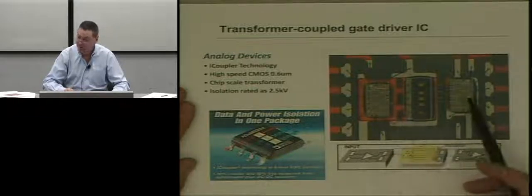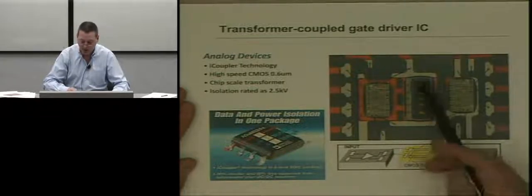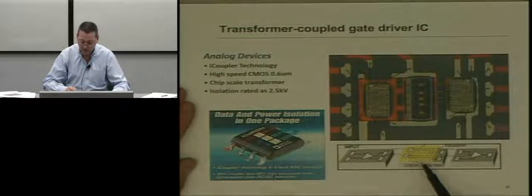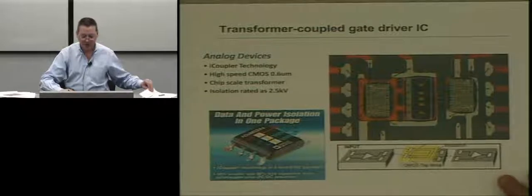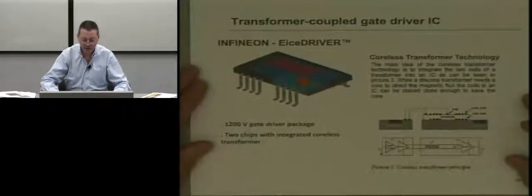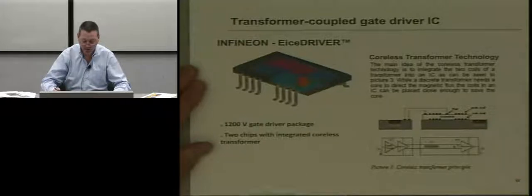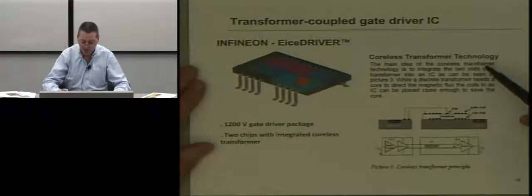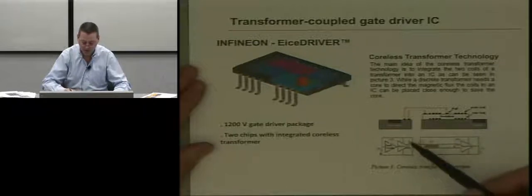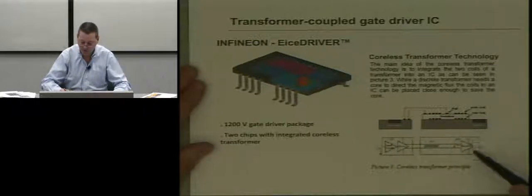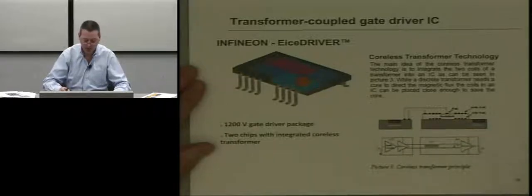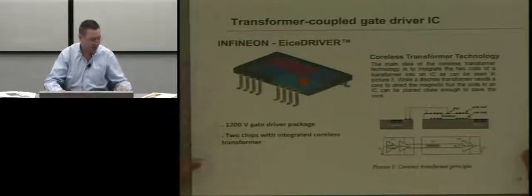These are both low voltage ICs, and they are connected through basically an air core transformer. You have something very similar from another company, Infineon, which makes an isolated driver. They call it a coreless transformer, but it's essentially the same thing. You've got a driver on one side, a receiver on the other, and a transformer in the middle that's all integrated to be able to communicate, and you have full galvanic isolation.